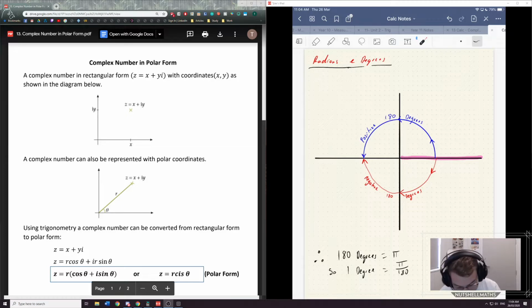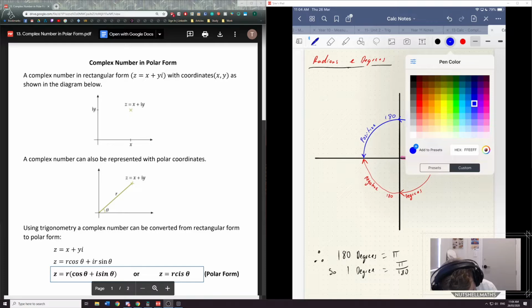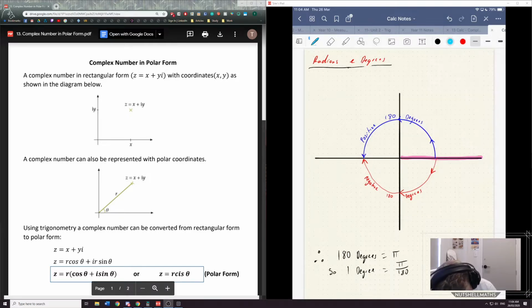Right? Now, when we're talking about radians, let's change this color to an off blue. This is not a very nice arc. There we go. This is positive pi.